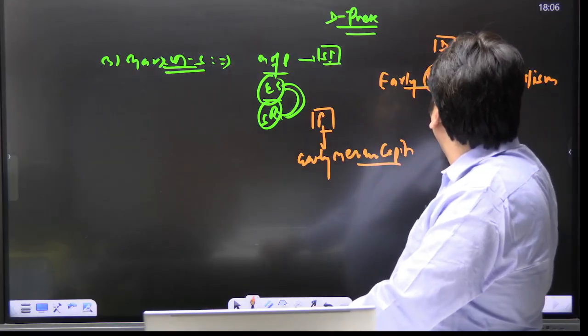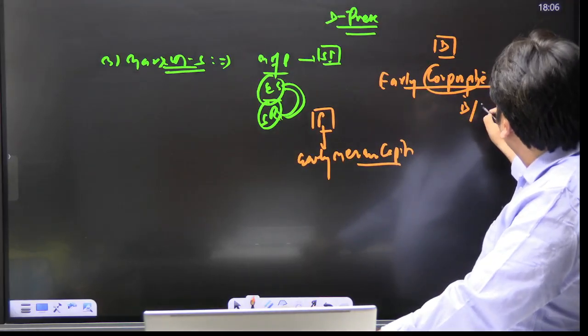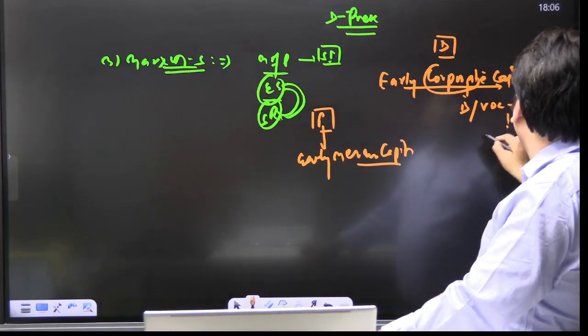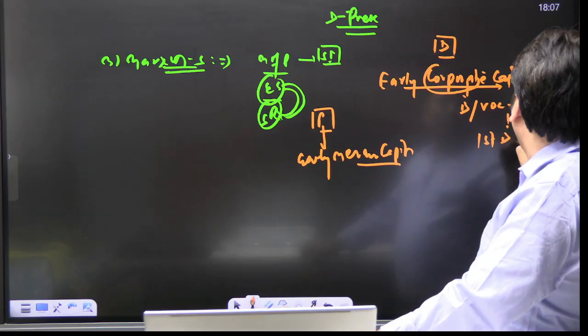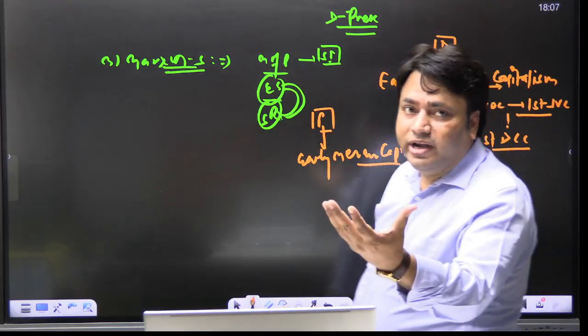Here they are saying early corporate capitalism, and the reason is the Dutch company VOC was the first JSC, and they had one of the first disciplined corporate cultures around the world. That's why it is called corporate capitalism.